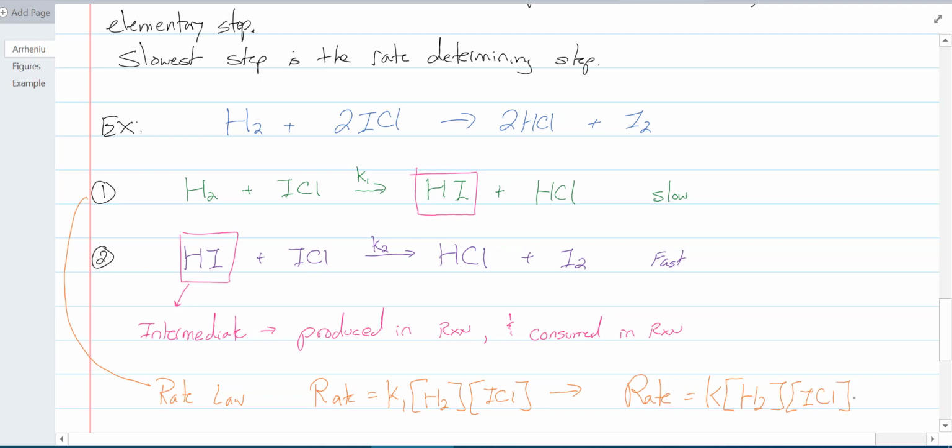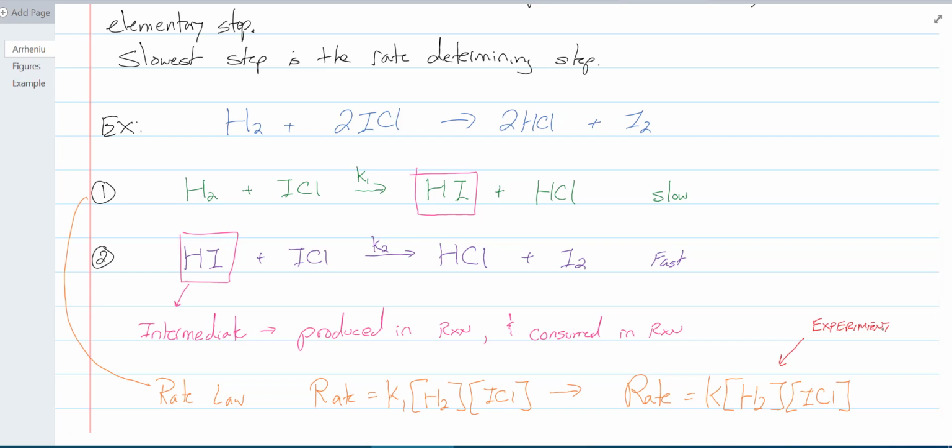So the rate law, again, which one's experiment? This is very important. The rate law is from experiment. We did a method of initial rates and came up with the rate law. So our proposed mechanism has to be consistent with the rate law.